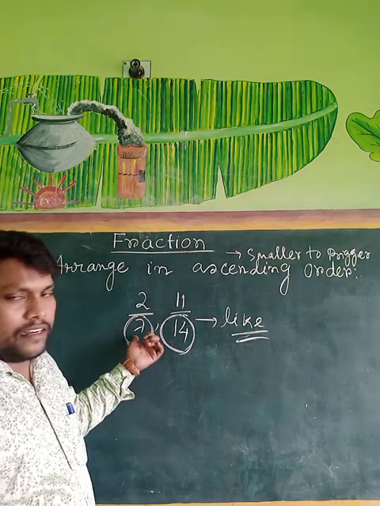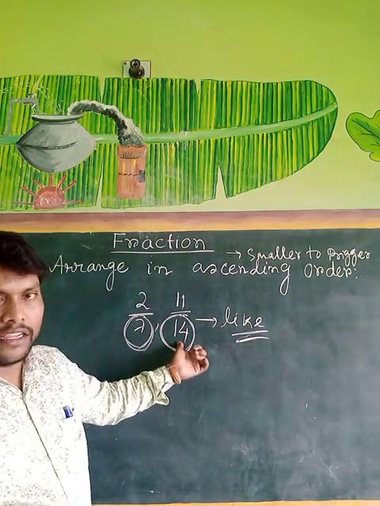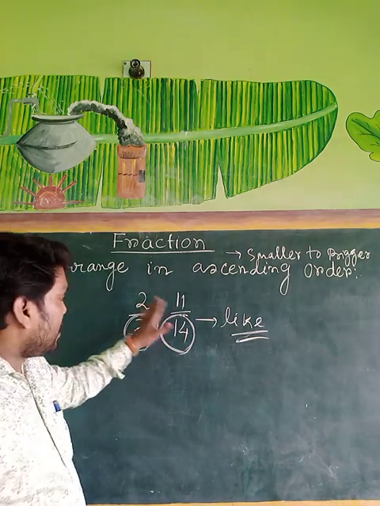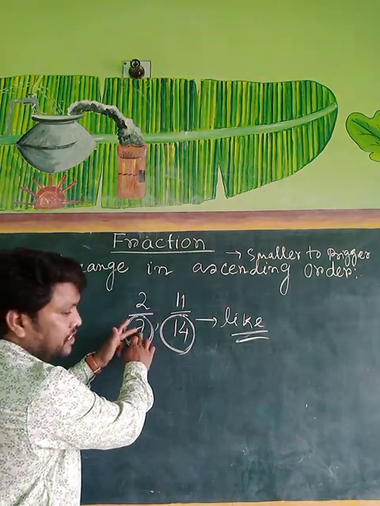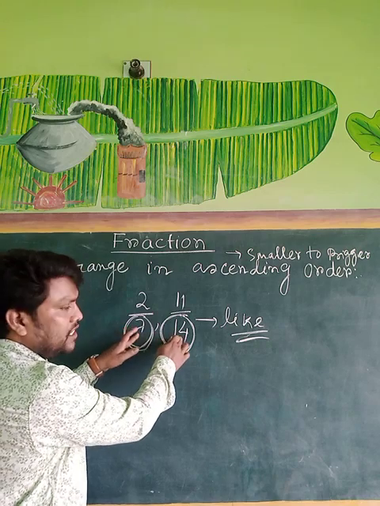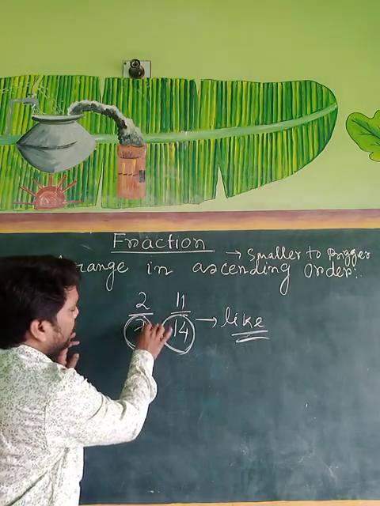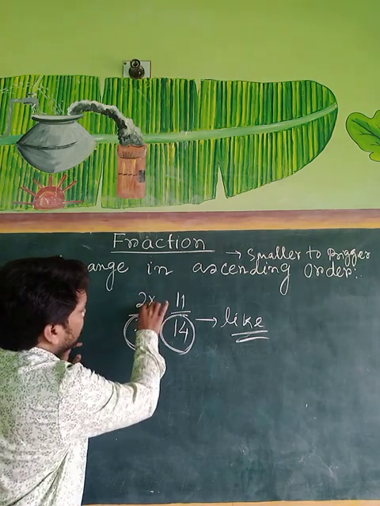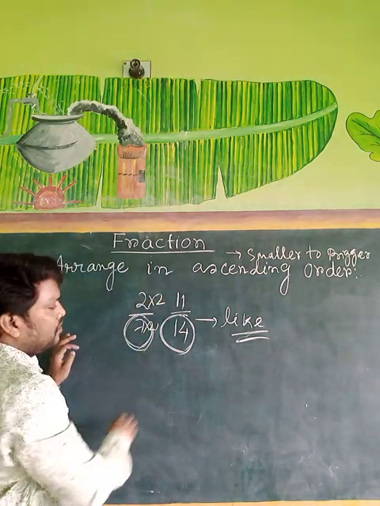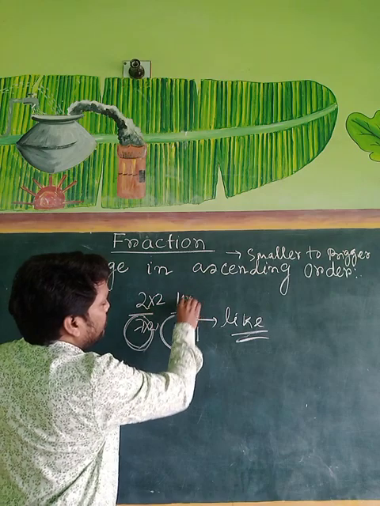There was 7, there was 14. Now, 14 and 7. Try to convert this 7 into 14, and this 14 will remain unchanged. So to convert 7 into 14, multiply by 2, and also multiply the numerator by 2. Now it is 1, and multiply by 1.